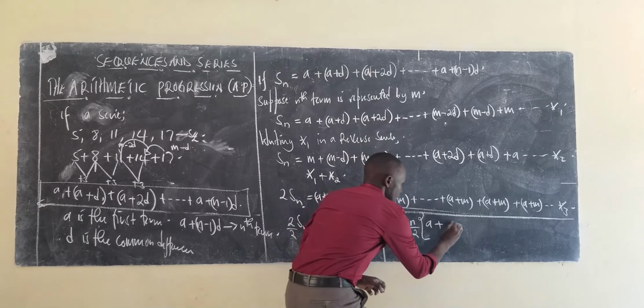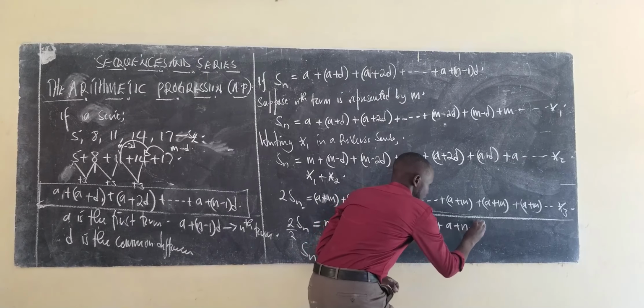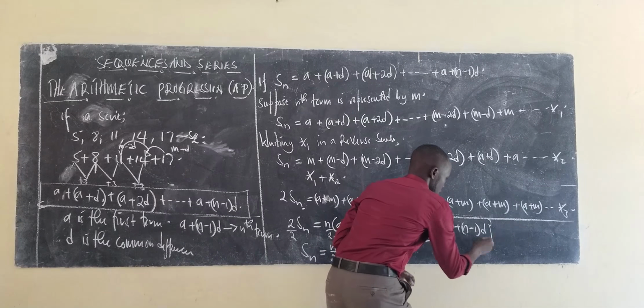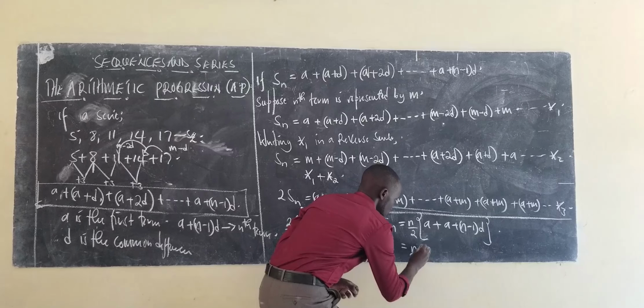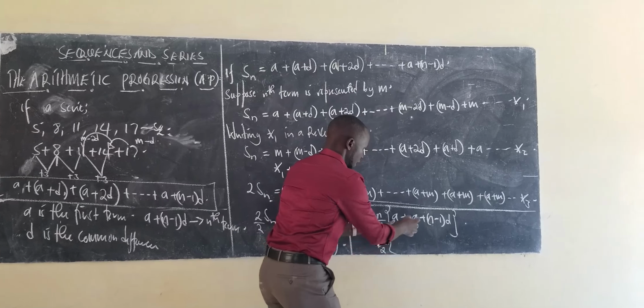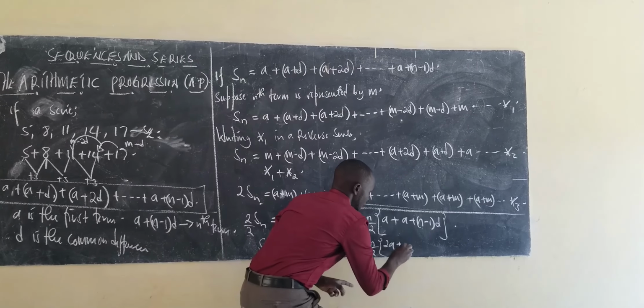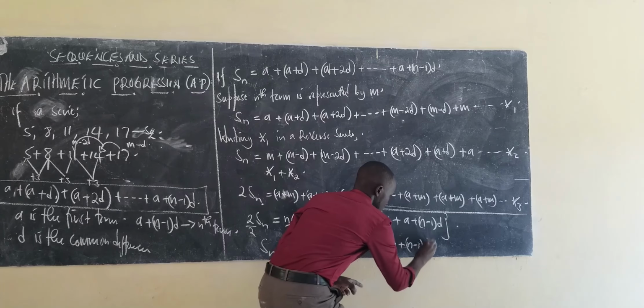So we shall finally have n over 2 into 2a plus n minus 1 into d.